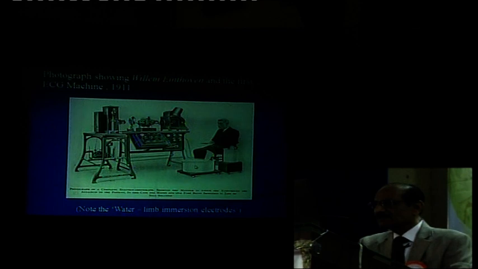One is this vessel, another is this vessel, and third is this vessel, which all of them contain water, and the limbs of the patient are dipped in these three vessels, right upper and left lower, which are acting as electrodes. Here is a camera, which is a photographic camera with a rotating photographic plate, which records the ECG, which is generated with the help of a string galvanometer. So this ECG machine was the first one.